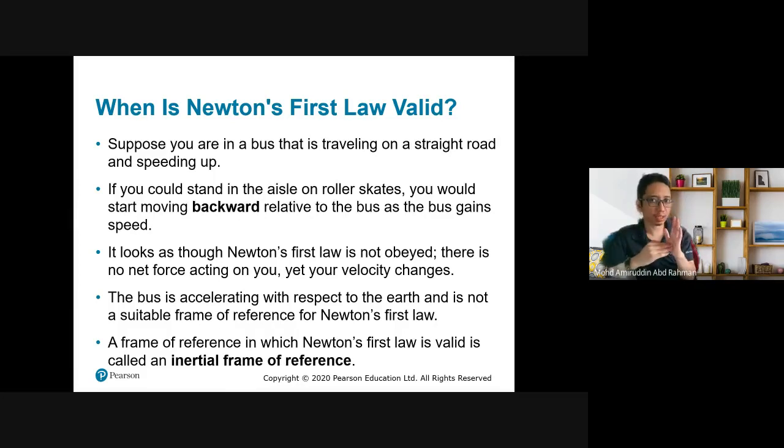Why does that happen? Because now the bus is already moving at constant velocity. When there is no acceleration, the bus is moving at constant velocity, so you and the bus have zero net force. That's why over there Newton's first law is applicable again.